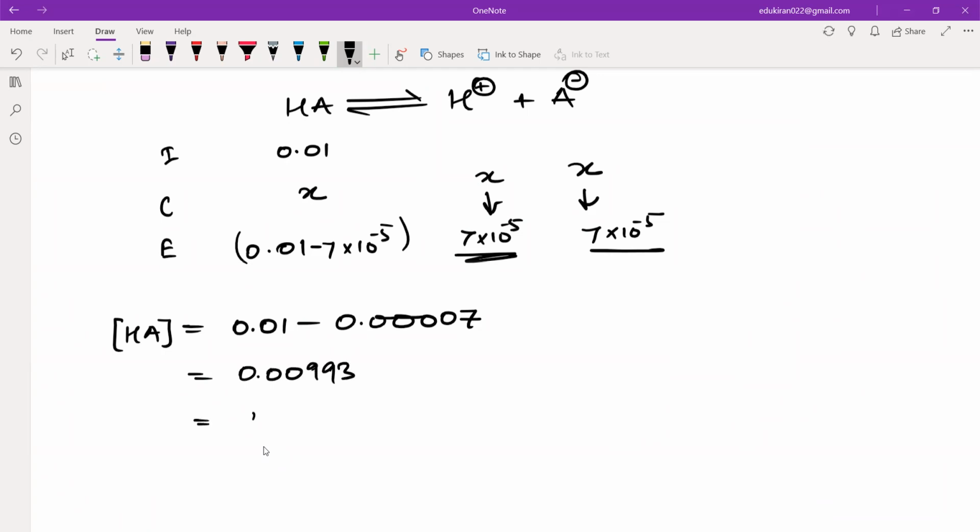So this will be equal to 9.93 into 10 to the power minus 3.